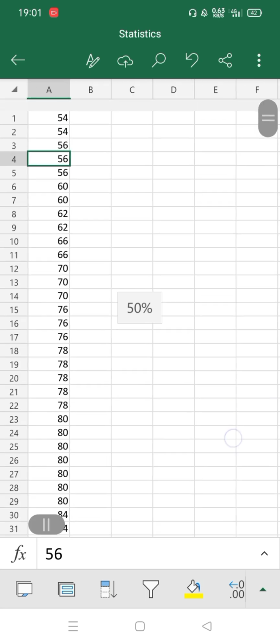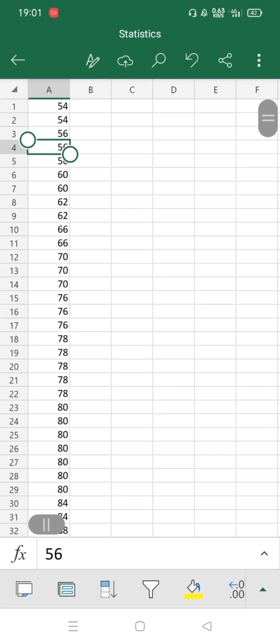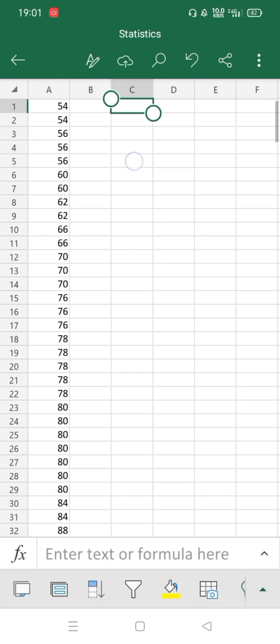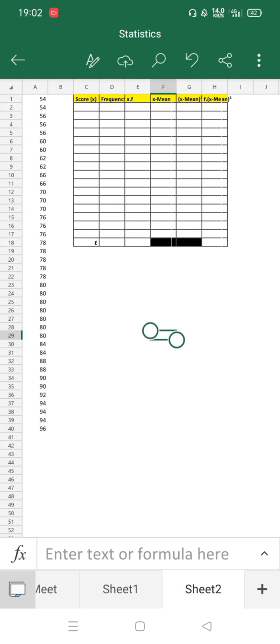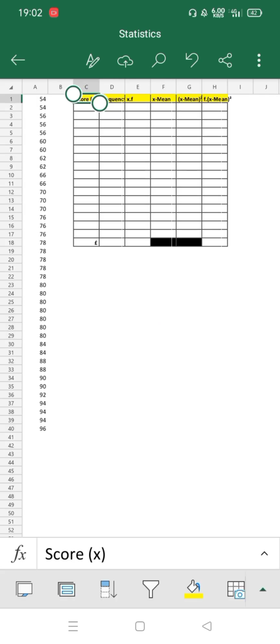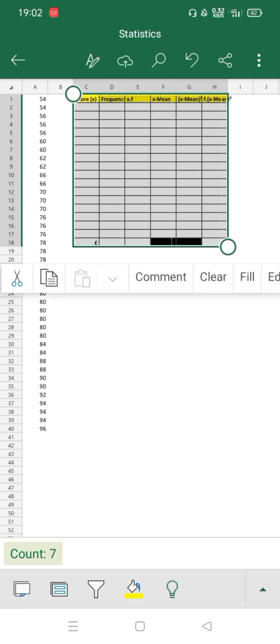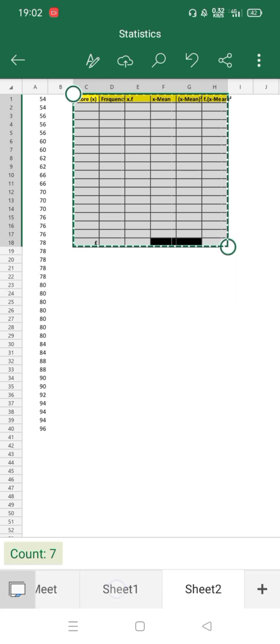The next step is, since I have some tables, we made the table first so it is easier to count.